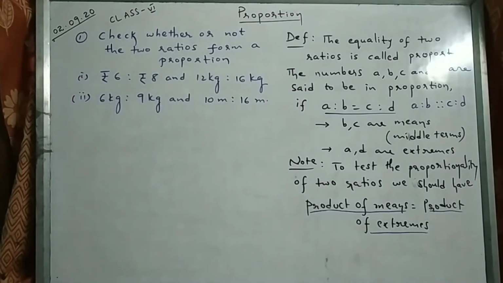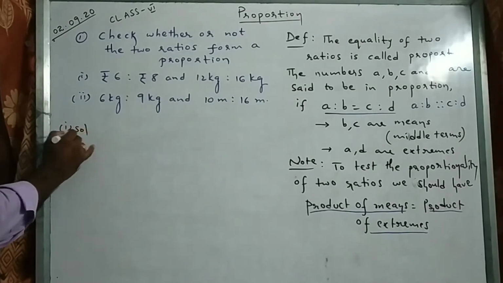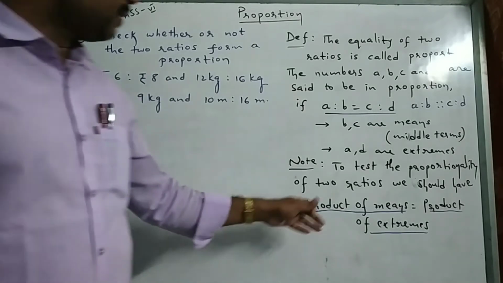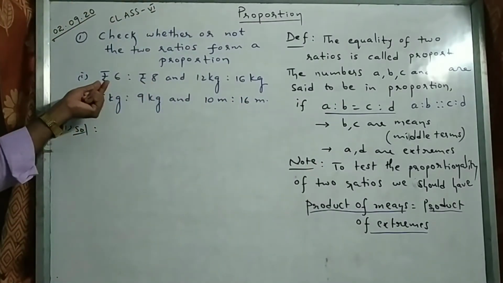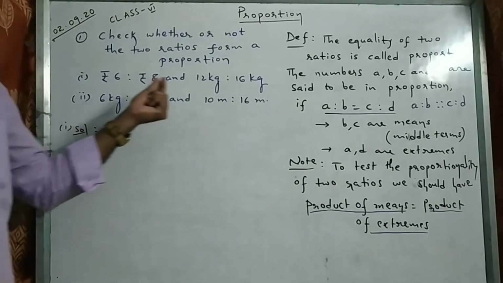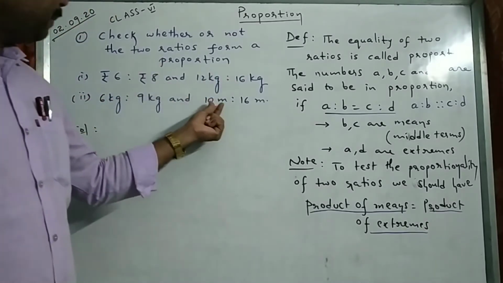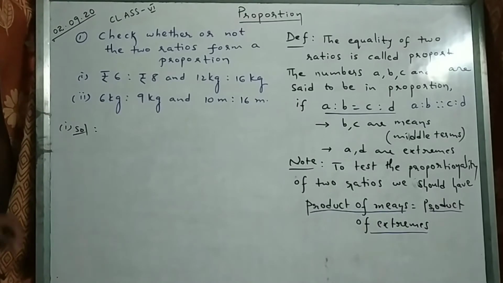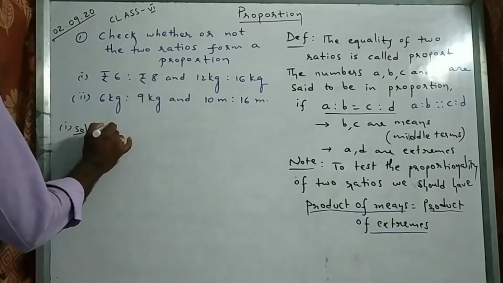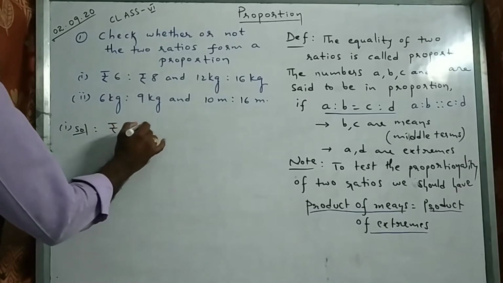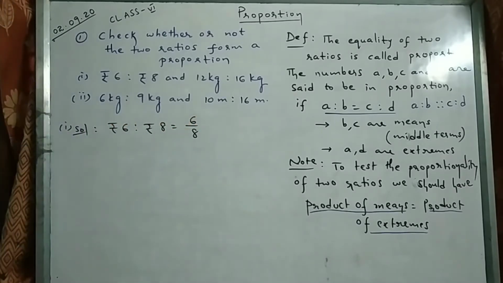To check that proportionality, first one, as I told you earlier, these two are of the same kind. See, rupees, rupees, no problem. Kg, kg, also no problem. Kg, kg, meter, meter. They should be of the same unit. So I can simplify the first ratio here. Rupees 6 is to rupees 8 can be 6 by 8.